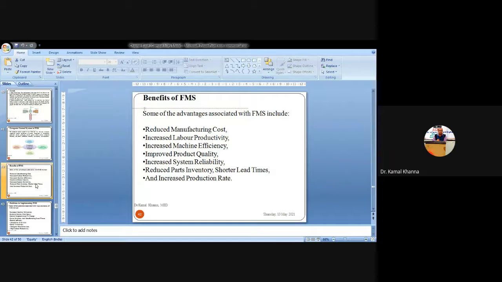What are the benefits of FMS? I think we have already covered this in previous classes also. Again, a little glimpse of it. So what can be the advantages of the FMS?